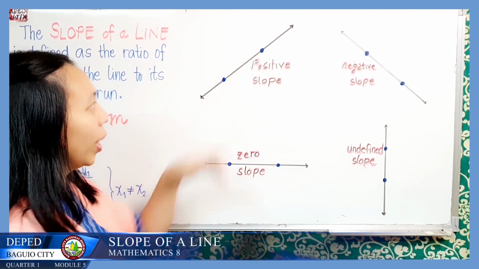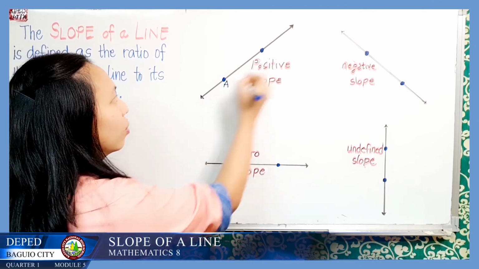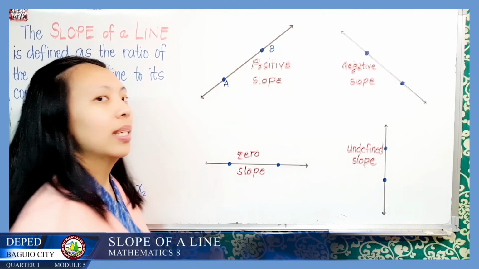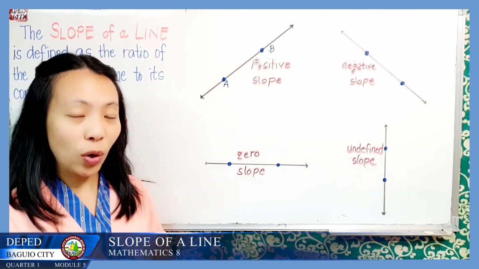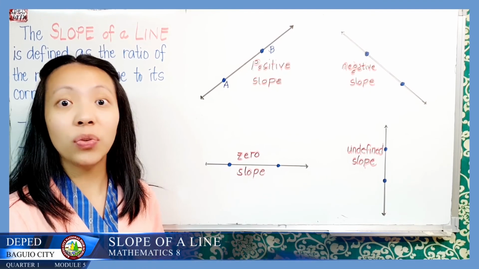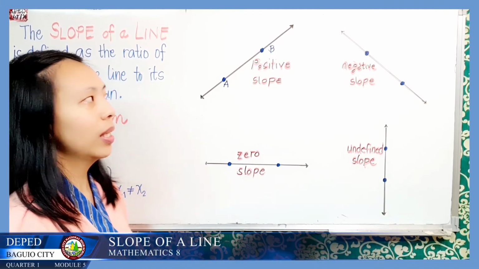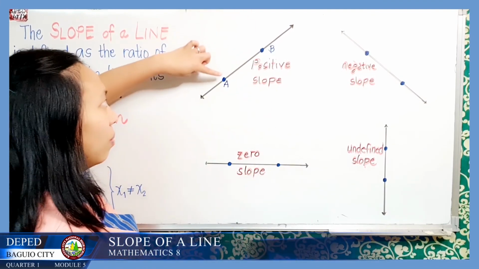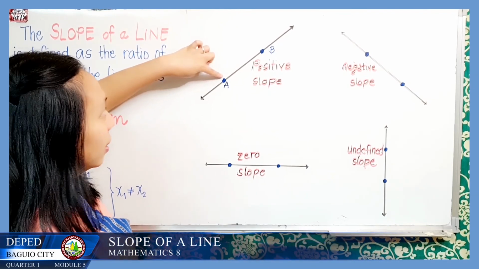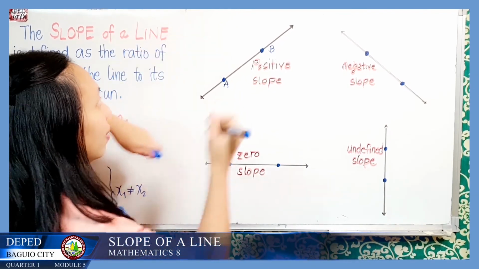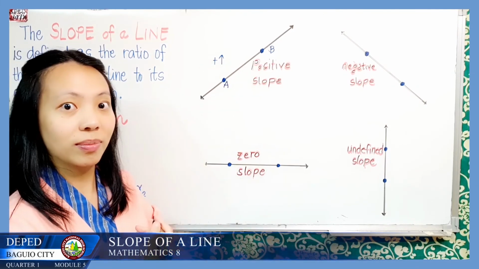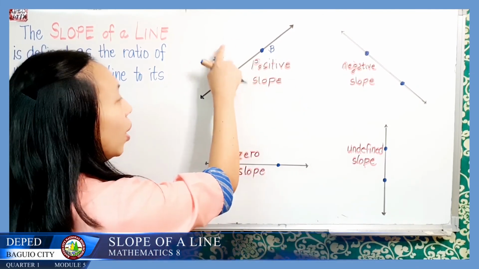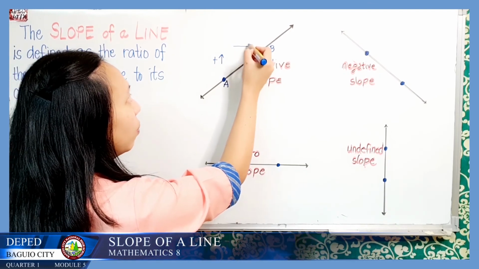From point A to point B, let's determine the sign of the slope using the concept of rise over run. When we say rise, it means we move up. Since we moved up, that means the rise is positive. From here, we are going to move to the right.